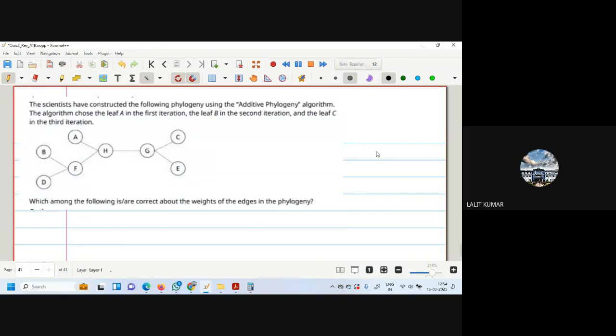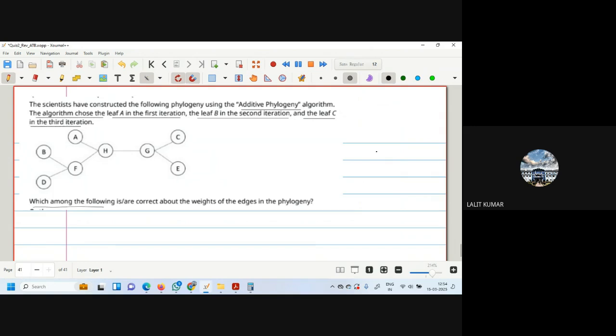Scientists have constructed the following phylogeny using the additive phylogeny algorithm. The algorithm chooses the leaf A in the first iteration, the leaf B in the second iteration, and the leaf C in the third iteration.